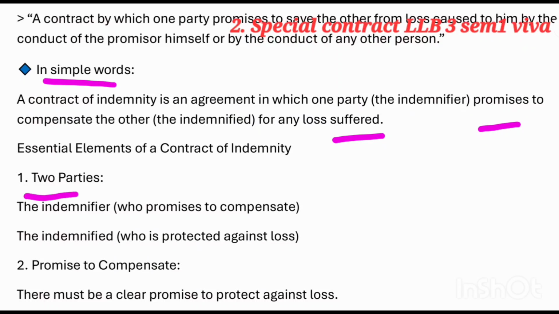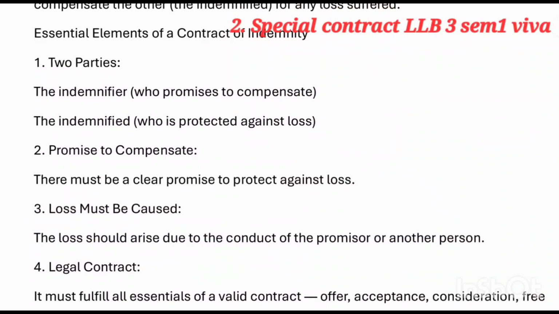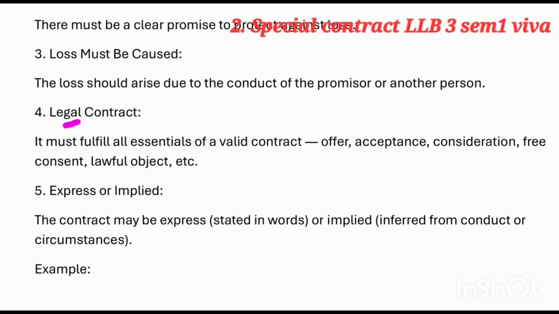There are two parties: the indemnifier, who promises to compensate, and the indemnified, who is protected against a loss. There are two elements, that is promise and loss. Third, the loss must be caused. The loss should arise due to the conduct of the promisor or another person.